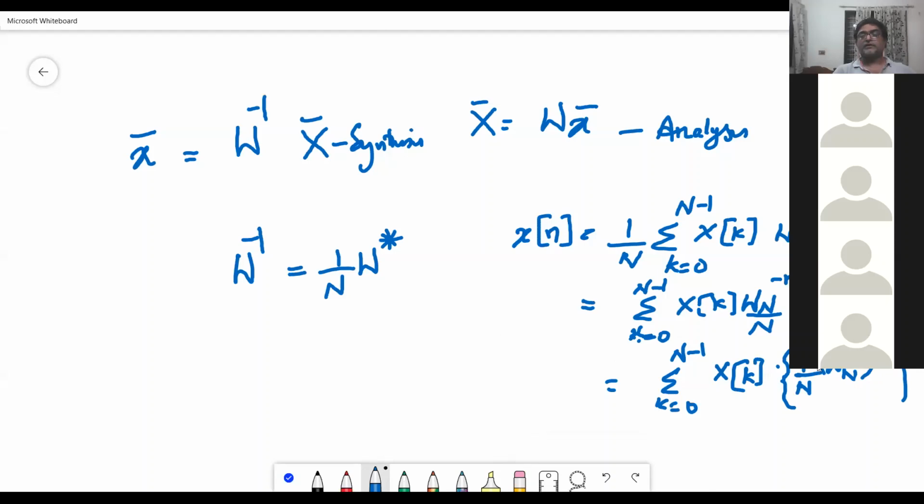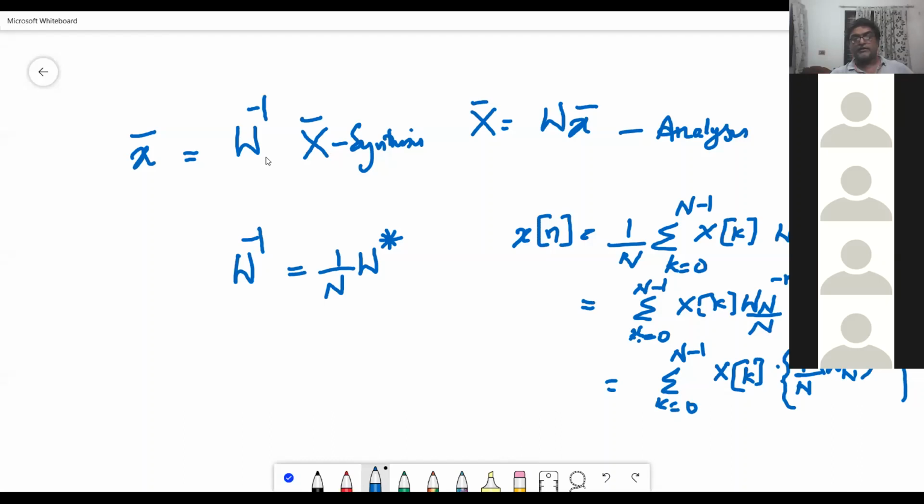Okay. Now, how will I write this as a matrix vector equation? This will be your input signal X, so that is appearing here. And the rest should represent W inverse. Is that clear?